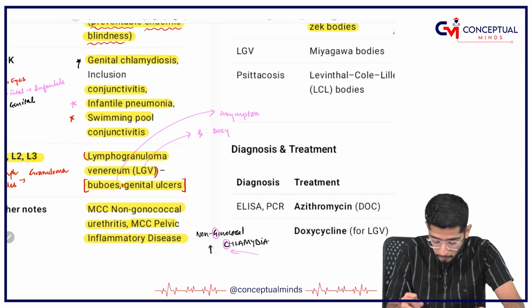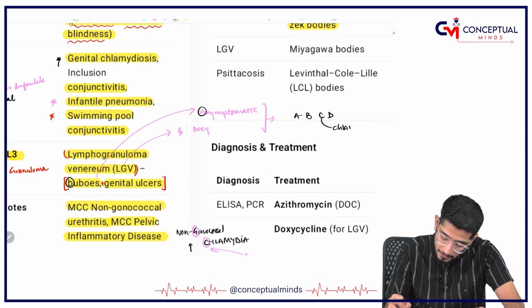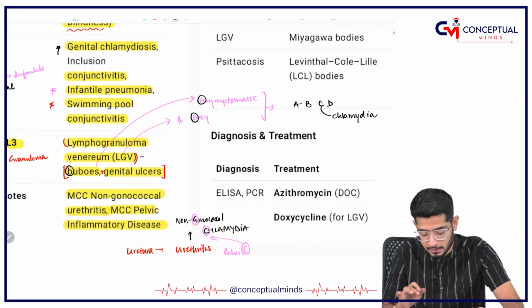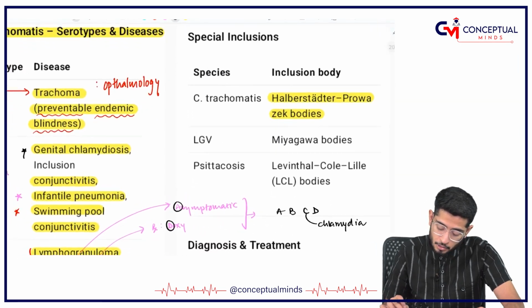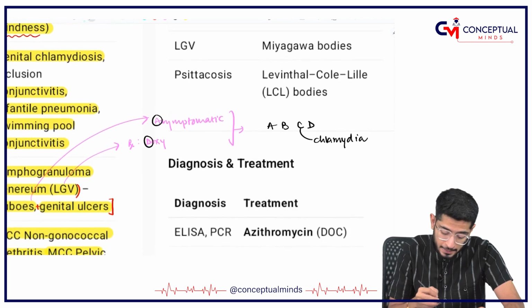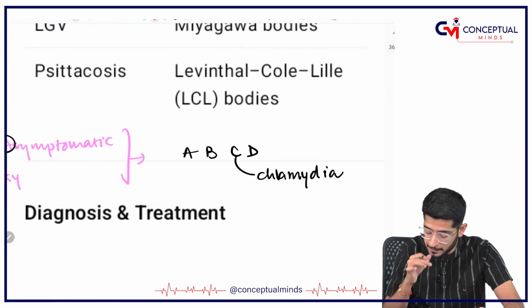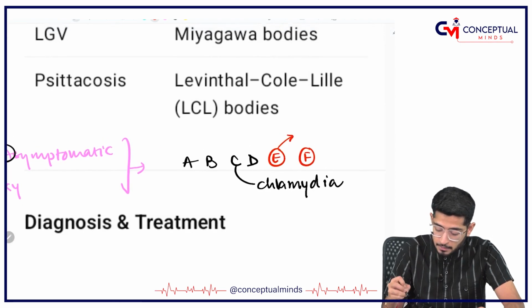Please remember, the mnemonic says A, B, C, D. A for asymptomatic, B for bubo, C for Chlamydia trachomatis, and D for doxycycline. This is the lymphogranuloma venereum and the buboes. Okay. Coming on to the special inclusions, but before that, let me just complete this mnemonic: A, B, C, D, then E and F. So E means what?